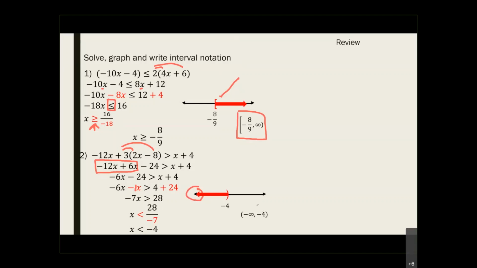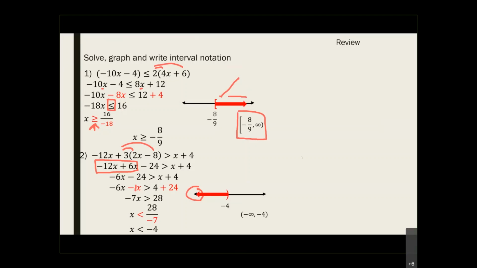If it's going the other way, we start at your endpoint and go to positive infinity. Again, it's a lot of things to remember from the beginning of the semester.